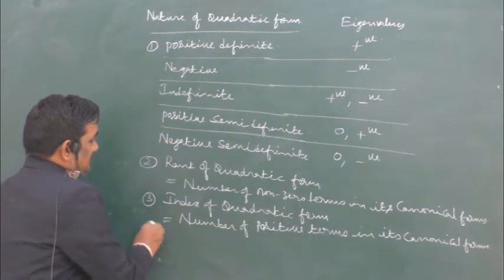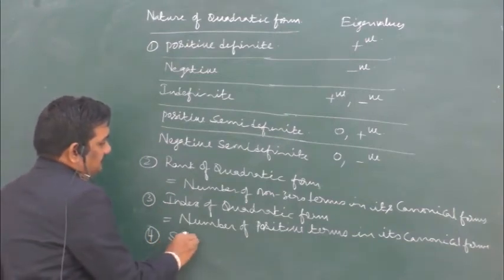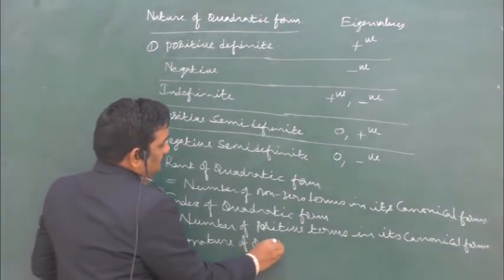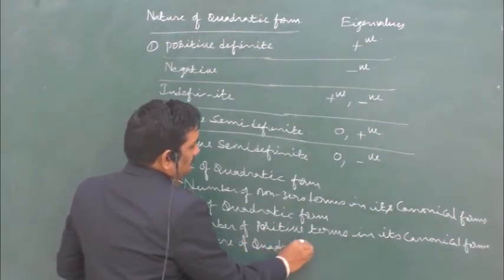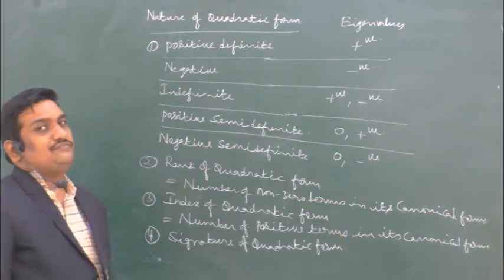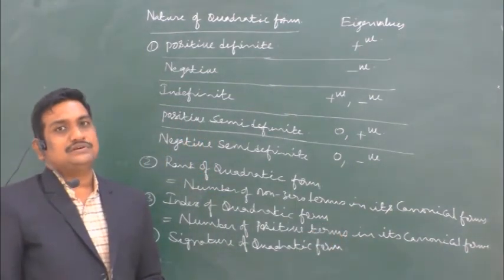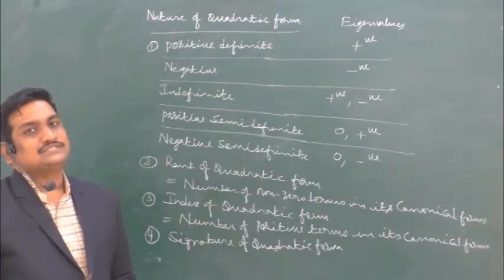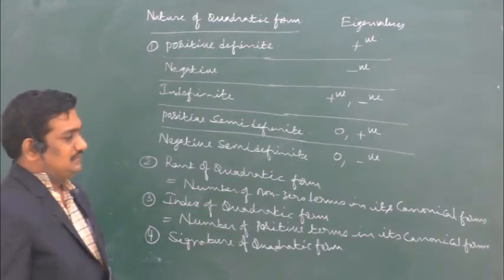And the next one, signature. Signature of quadratic form is the difference of the number of positive terms and the number of negative terms in the corresponding canonical form.